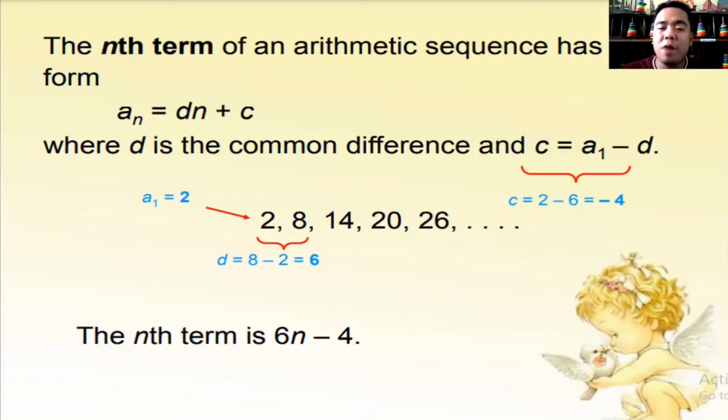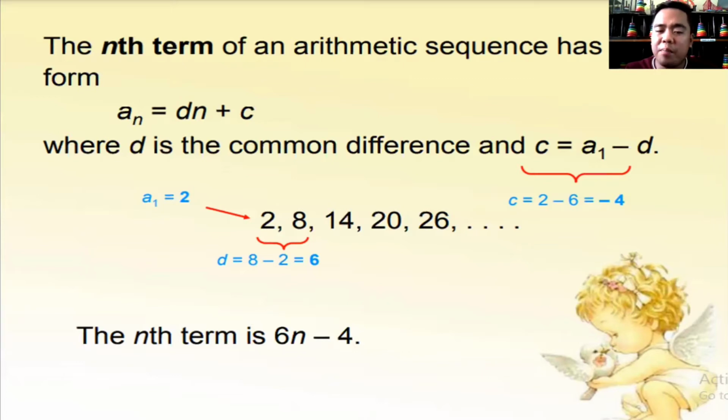So look at the formula for c: a sub 1 minus d. A sub 1, grade 10, is the first term of the sequence. And d is the common difference, the number added to get the terms of an arithmetic sequence.